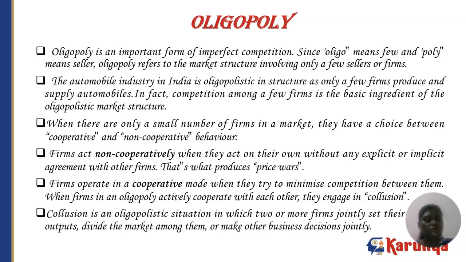Collusion is an oligopolistic situation in which two or more firms jointly set their prices or outputs and divide the market among them, so that they make business decisions jointly. So this collusion is introduced in the cooperative behavior of the oligopolistic market.